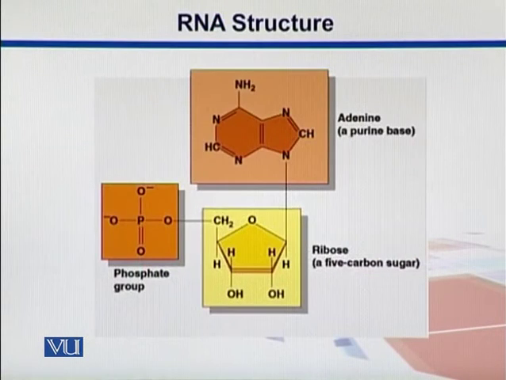So here is how we can look into the base pairing. In case of an RNA, we look into a nucleotide where we have an adenine, a purine base which has been attached to ribose sugar. Here we have this ribose 5 carbon sugar. This is position number 1. On position number 2 we have OH, and on position number 3 we also have OH.